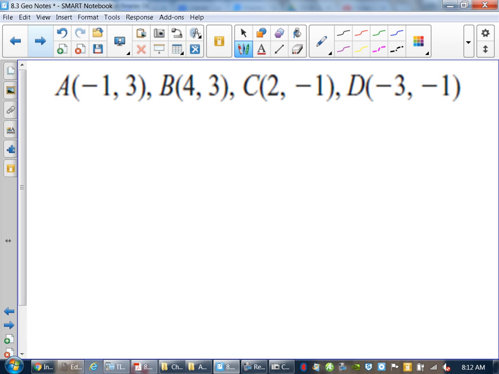So when we look at a set of ordered pairs, when you have a quadrilateral and you're trying to see whether or not it is a true parallelogram, how many sets of slopes would you have to check? 4 of them. Okay.